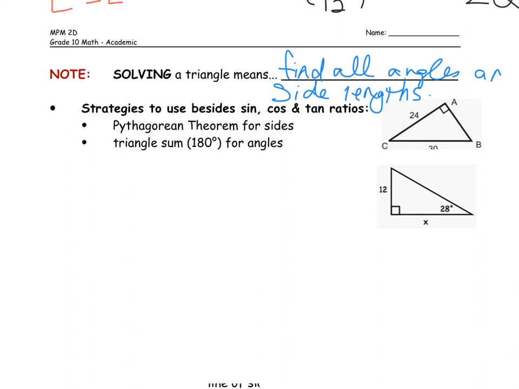And so another thing that you could do, well, let's look at another example. In this second example here, you may be saying, okay, well, I can solve for a side length, the third side, another side length, either x or this hypotenuse, and then find this angle here. But an easier way to do this would be to remember that I have an angle right here that I know is 90 degrees. And I have this angle, which is 28, so I know triangle sum will allow me to easily solve that third angle.